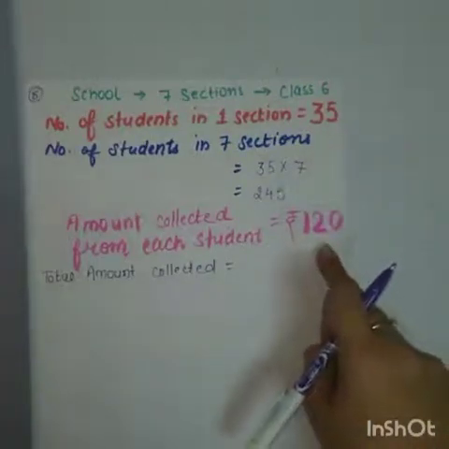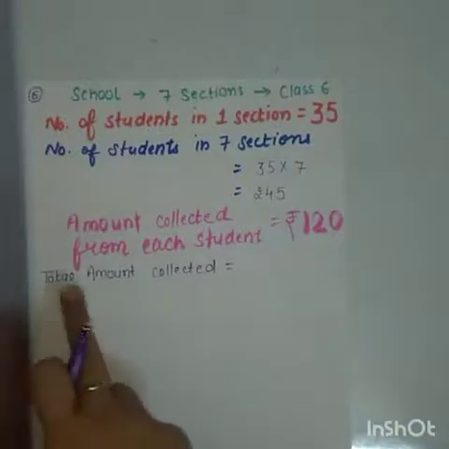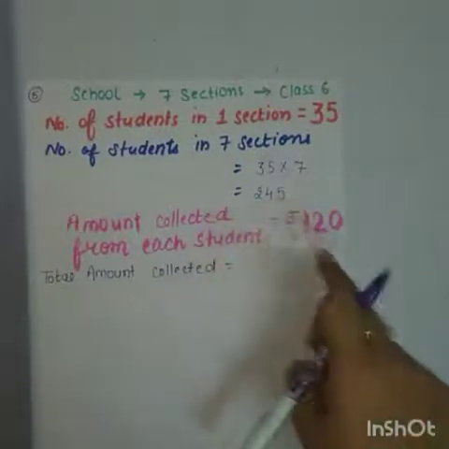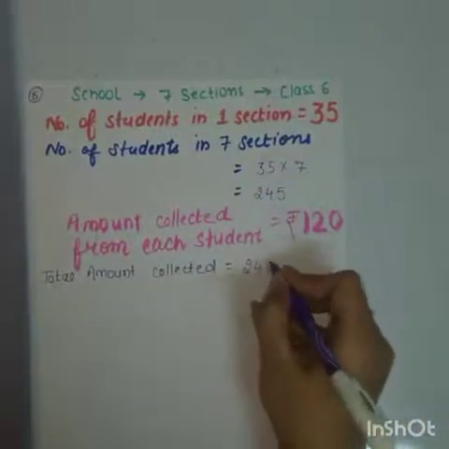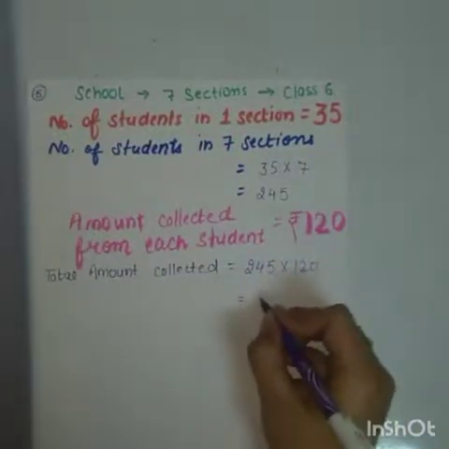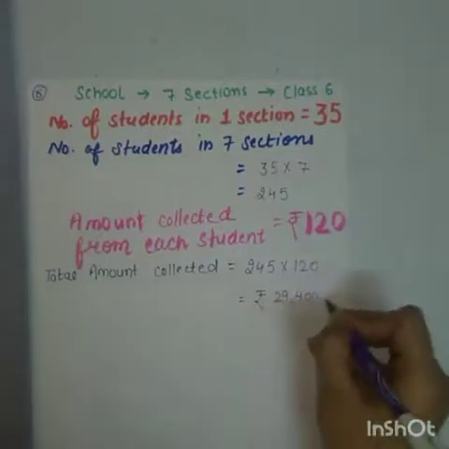Amount collected from one student is rupees 120. You have to calculate the total amount collected from 245 students. Which operation will be used? That is multiplication. 245 multiplied by 120. You will get the answer, that is 29,400.